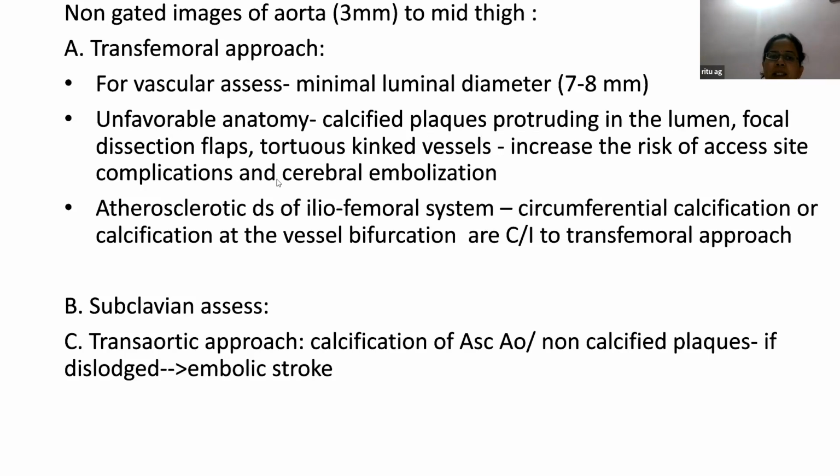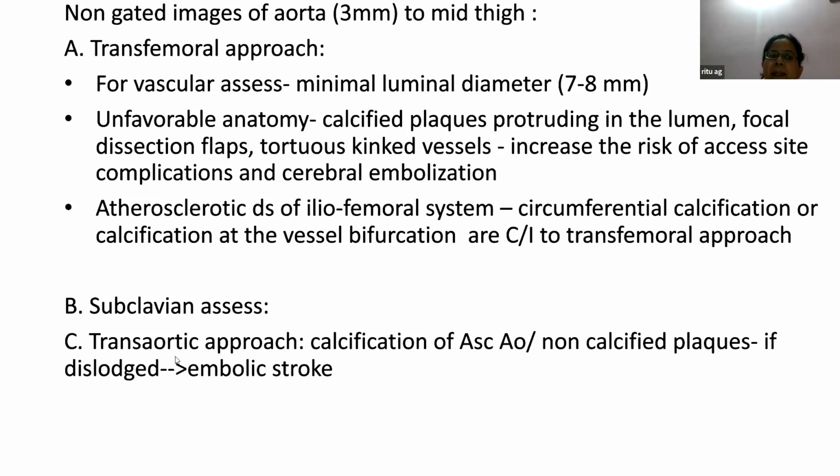And if they have these kinds of thrombi, then there's an increased risk of cerebral embolization, and then they have to use those carotid filters. Now, if we have a lot of atherosclerotic disease in the iliofemoral system, then circumferential calcification or calcification at the bifurcation is a contraindication to the transfemoral approach, because then the puncture becomes difficult. Once the puncture is done, then calcification doesn't matter a lot.